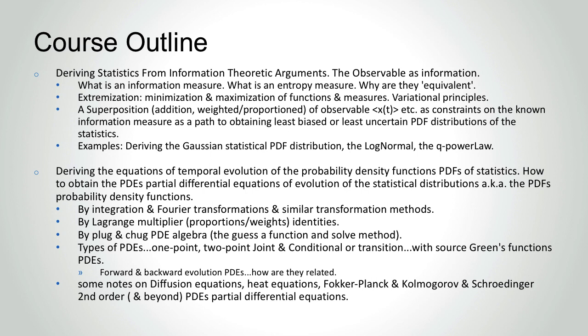And we'll cover, just for completeness, how statistics and the derivation of statistics can be made, or how that is related to information theory. For example, information measures can be minimized or extremized to obtain, given constraints of the known observables, what the statistical distributions relevant are.